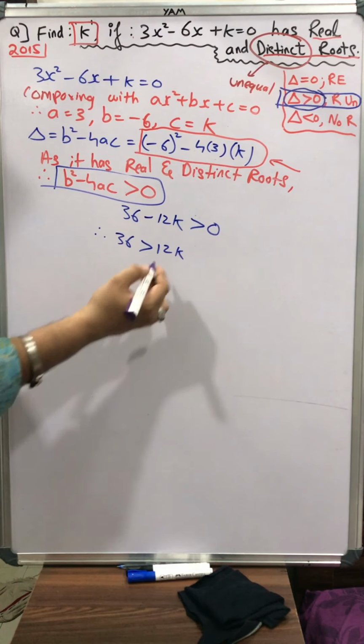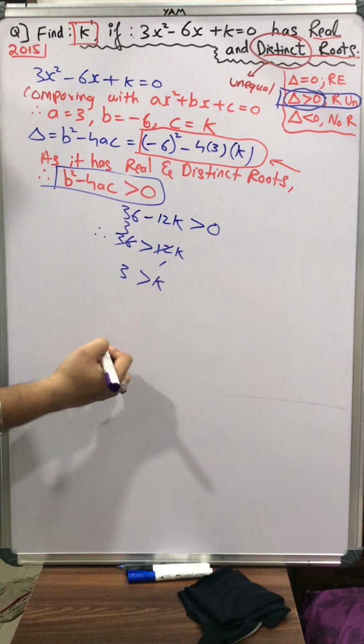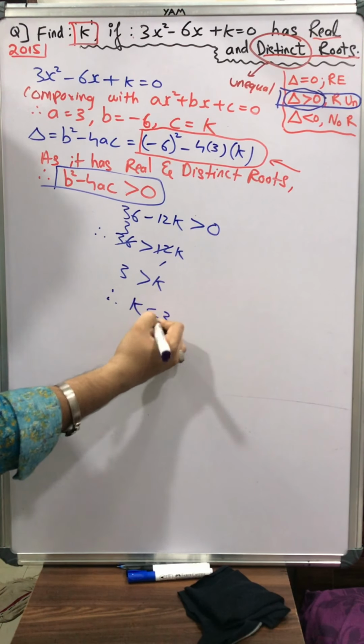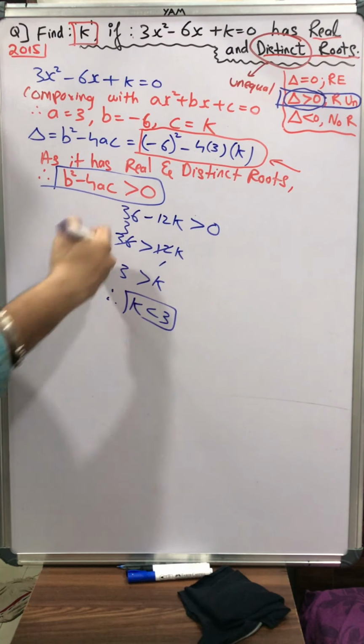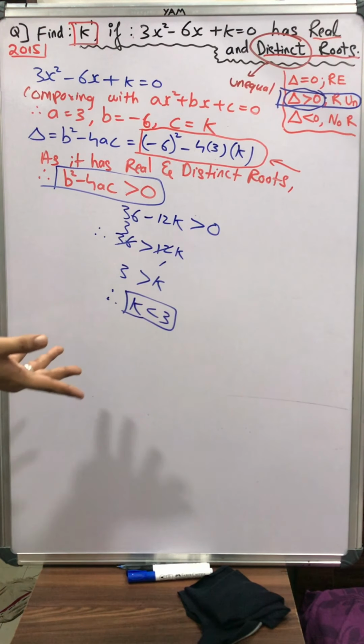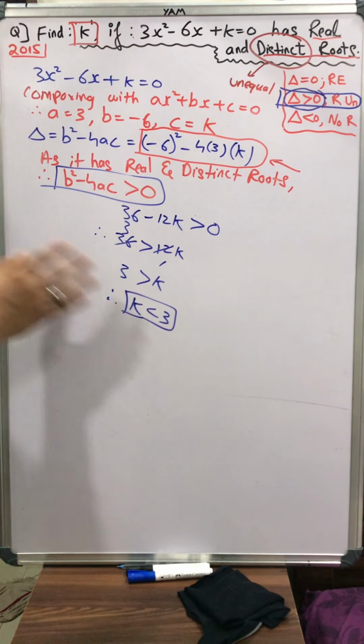Then 12 threes are 36, so 3 is greater than k. Or I can say, therefore k is less than 3. If 3 is greater than k, that means k is less than 3. That's it. This is our value. So the value of k will be less than 3.